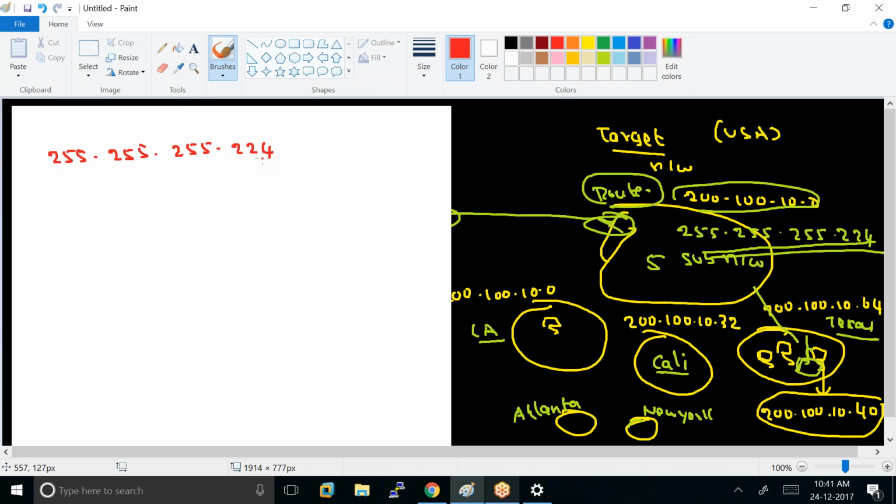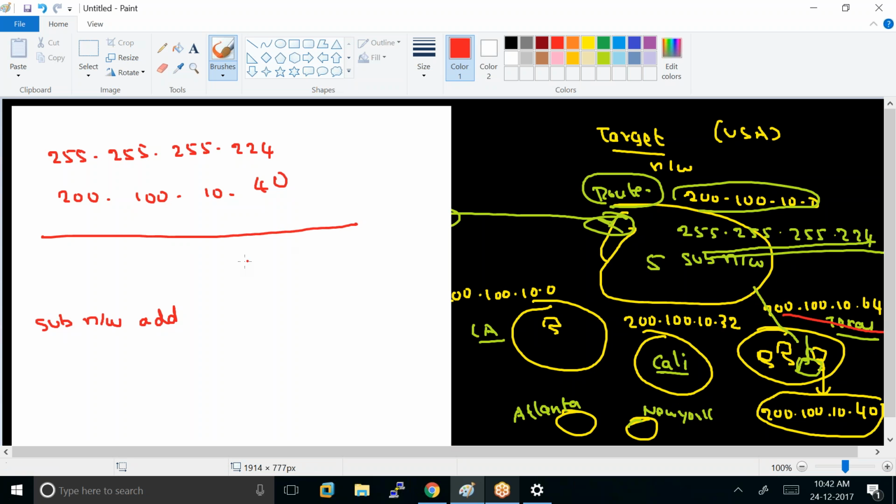Okay, here the IP address is 200.100.10.40. It is in subnet 3. Of the given IP address, I need to find out the subnet address. How to find this? I want to apply the mask.